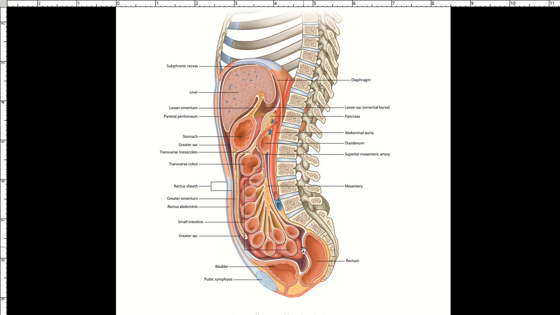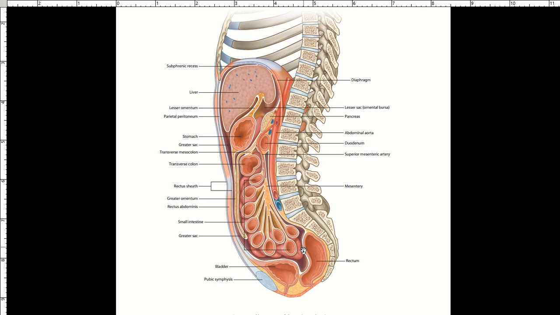Why? Because in the female it completely communicates with the true pelvis, which is open via the vagina, the uterus, and so forth. You understand now? Good.